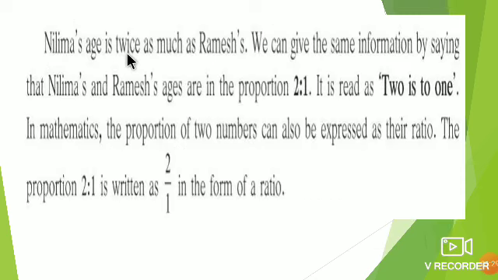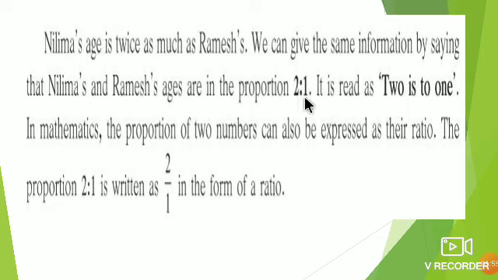Nilima's age is twice as much as Ramesh's. Nilima is bigger than Ramesh. Nilima's age is 2 times greater than the age of Ramesh. So we can give the same information by saying that Nilima's and Ramesh's ages are in the proportion of 2:1, because her age is 2 times greater.